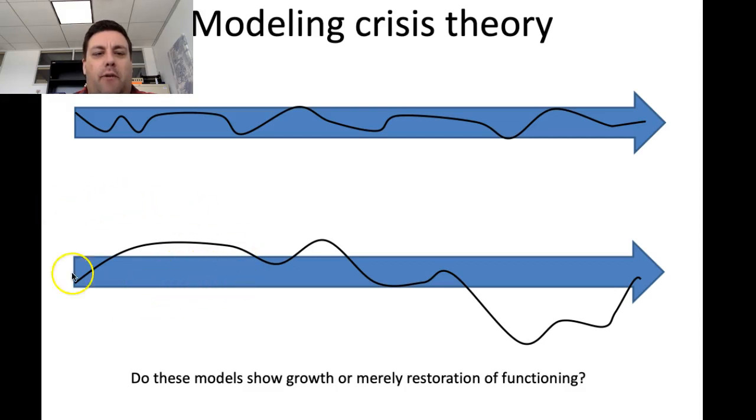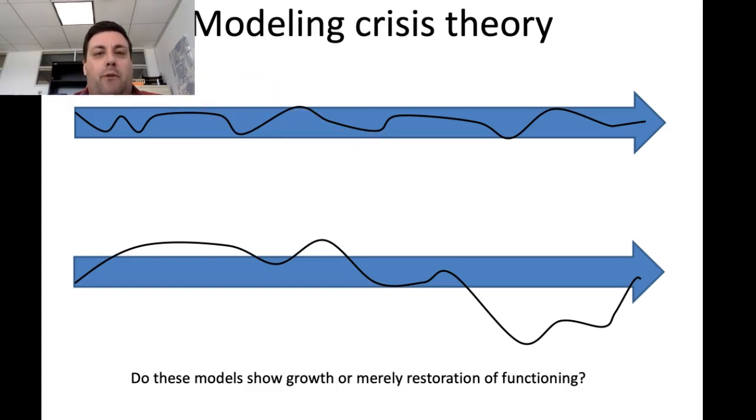Crisis theory would be this bottom one here, and it's at these points when our life circumstances overwhelm our ability to cope and react that we need intervention. The allegory for the top one is that our life circumstances might take us to the edge of our ability to cope, but they're not overwhelming that ability to cope.